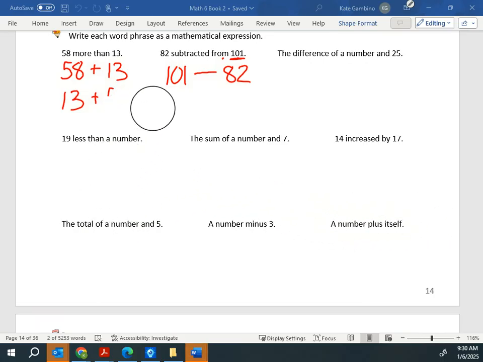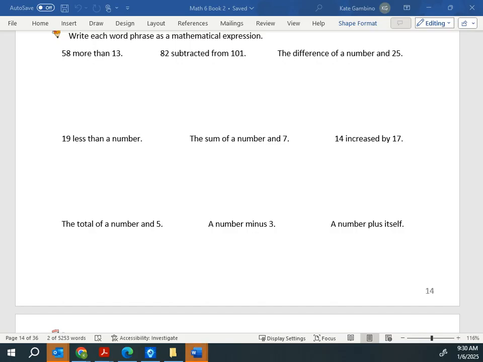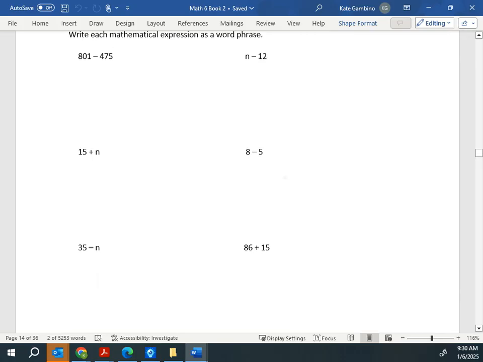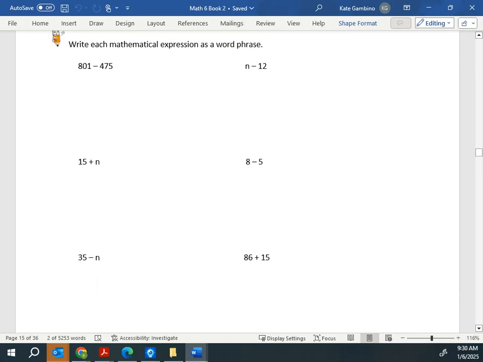So let's look at our second page. This first page was all going from our verbal phrase, the words, to the number expression. Now we're going from a mathematical expression to a word phrase. So we have to write those words out.